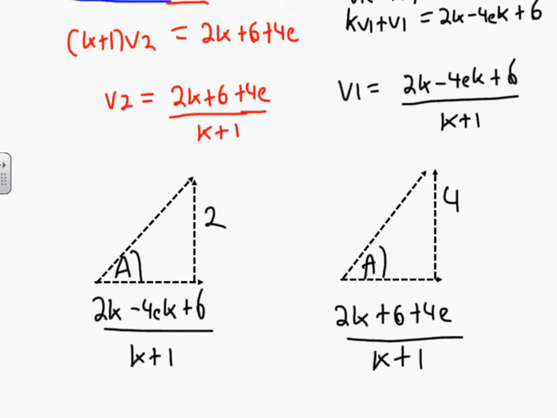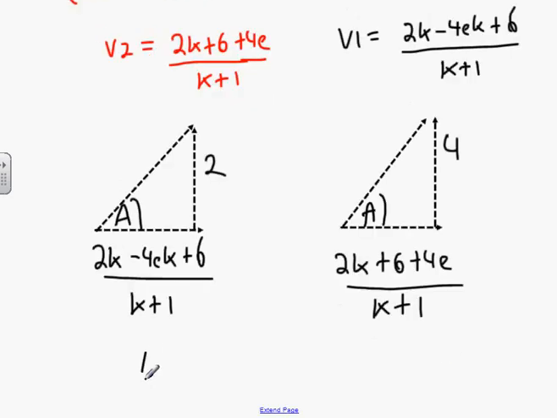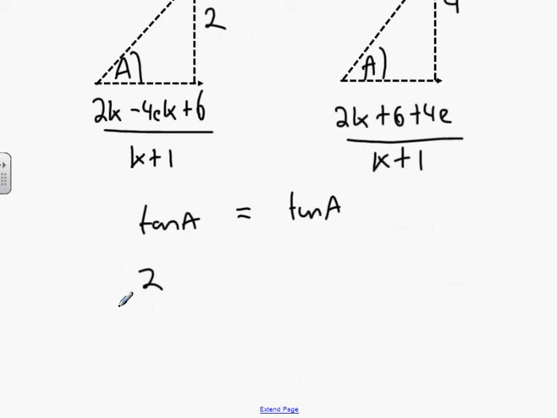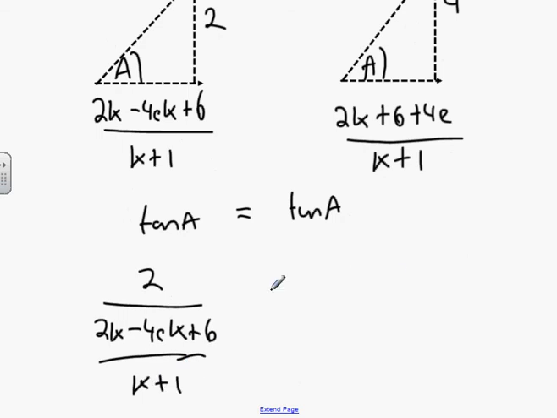Tan A equals tan A. Would you agree with that? Therefore 2 divided by (2k - 4ek + 6) all over (k + 1) must also equal 4 over (2k + 6 + 4e) all over (k + 1).